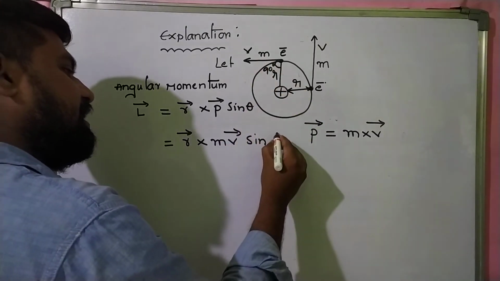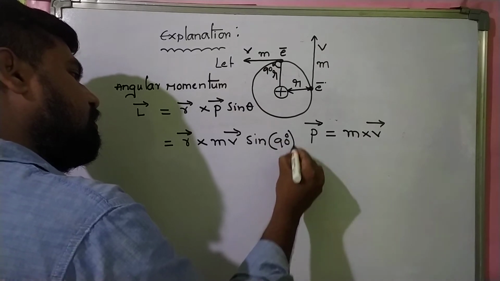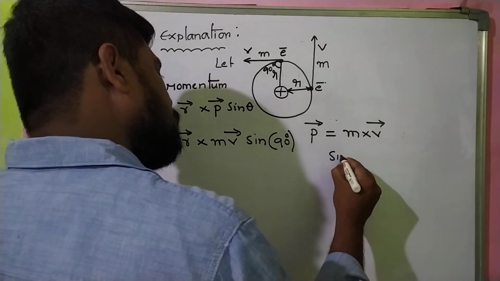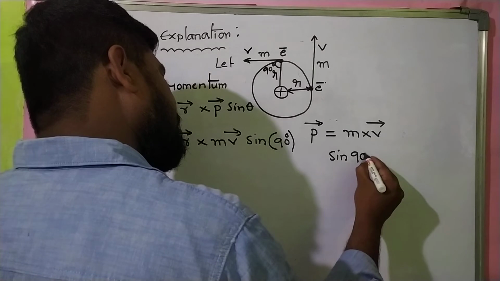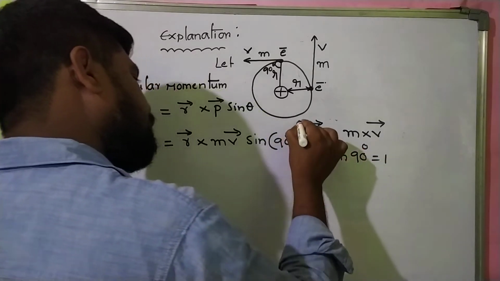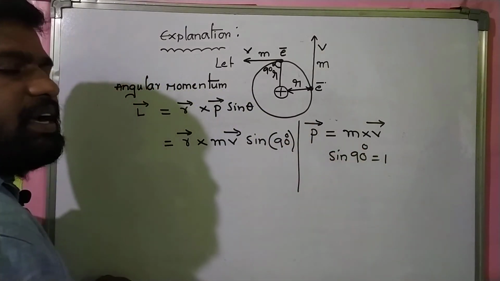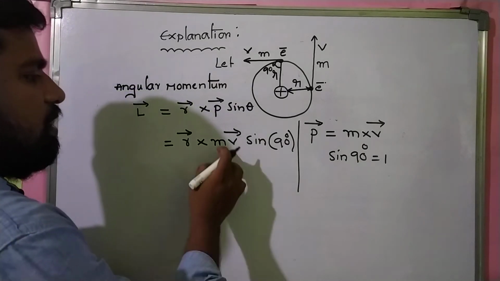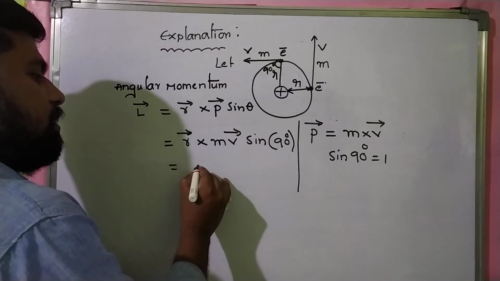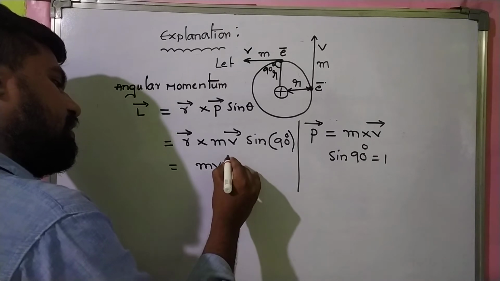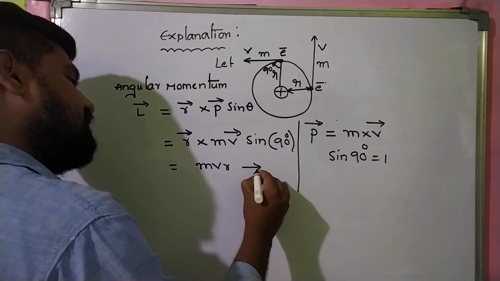Here sin 90 degrees, everybody knows sin 90 degrees equal to 1, the value of sin 90 is 1. Now mvr. So this is given as equation number 2.